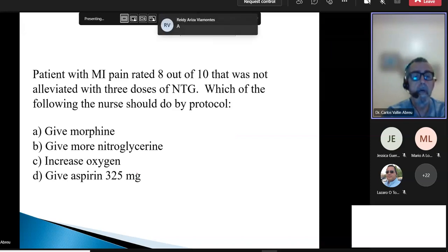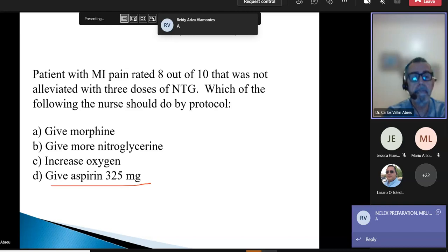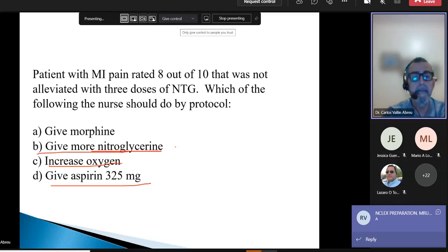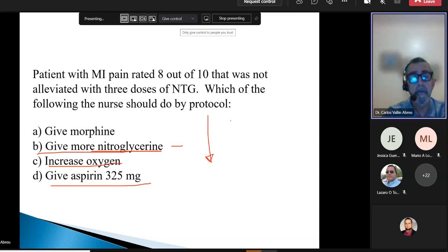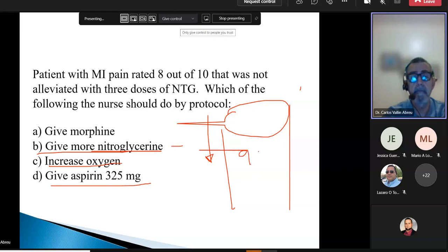So obviously, you have giving aspirin, which is not the indication, giving oxygen, which is going to depend on the saturation, giving more nitroglycerin. The main side effect of nitroglycerin is hypotension. Nitroglycerin is a potent vasodilator. So nitroglycerin should be given while the systolic is above 90 and the diastolic is above 60.